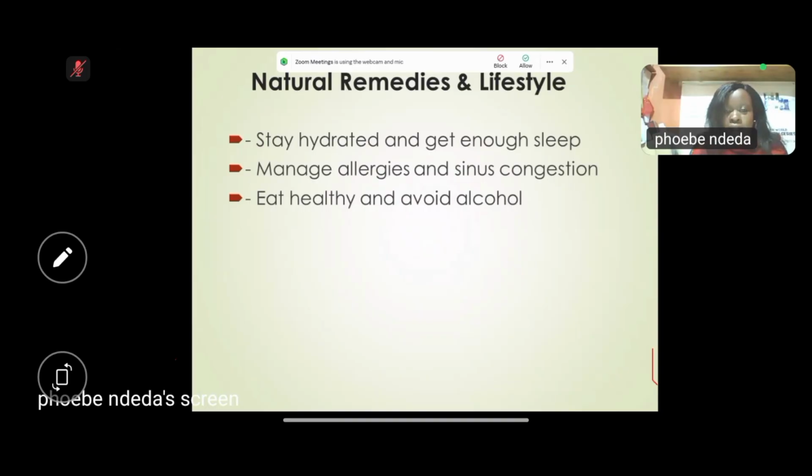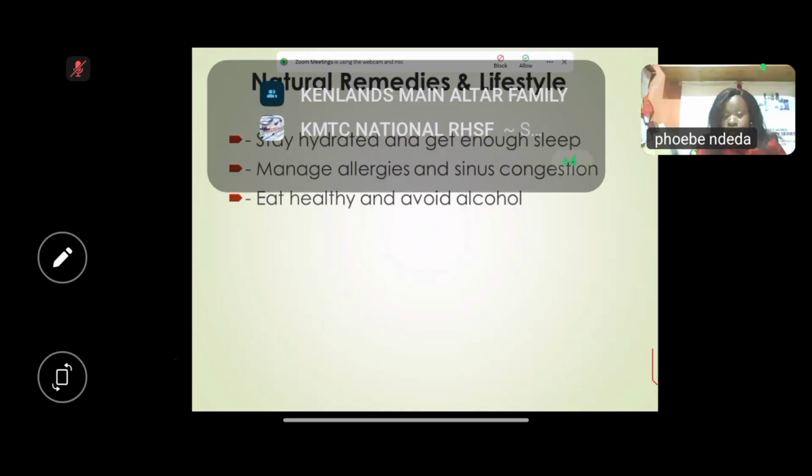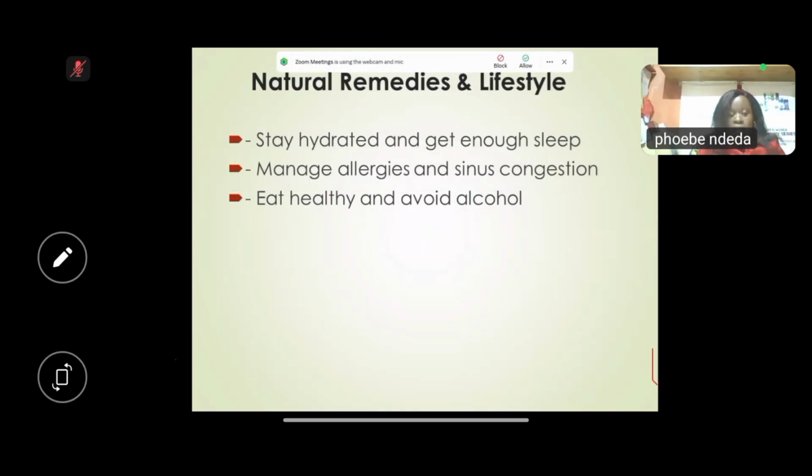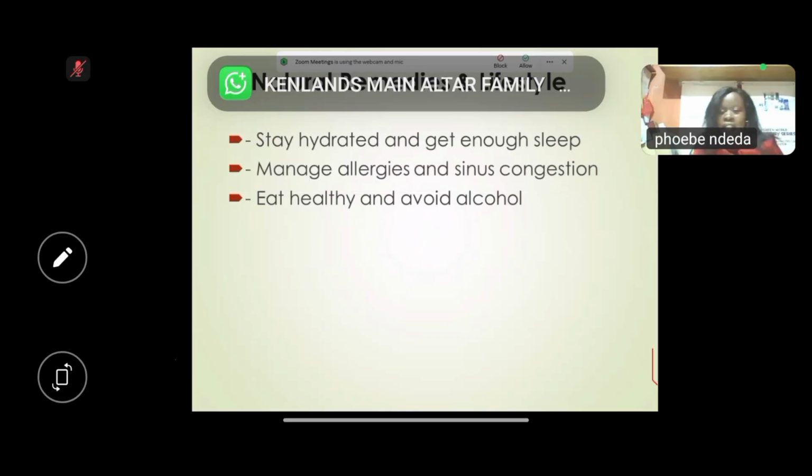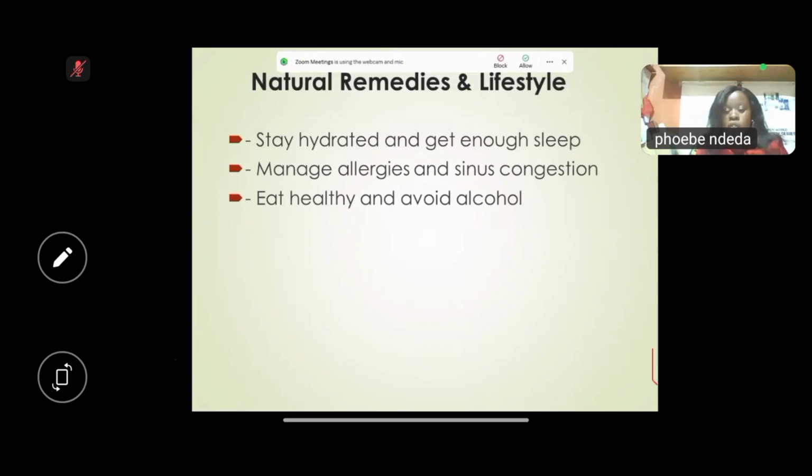So let us look at some of the natural remedies and lifestyle changes. Number one, we need to stay hydrated, because hydration helps us not to incur vertigo. I hope you know that. Get enough sleep. Manage allergies and sinus congestion. Eat healthy and avoid alcohol. You can also add exercises.